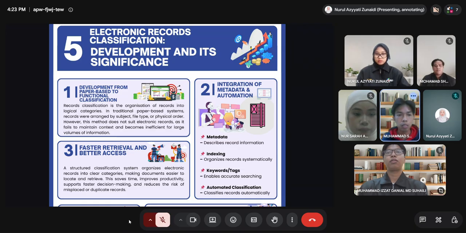This allows staff to quickly locate a student's transcript instead of searching through hundreds of files. Overall, faster retrieval and better access can help organizations work more efficiently while reducing the risk of misplaced or duplicate records.